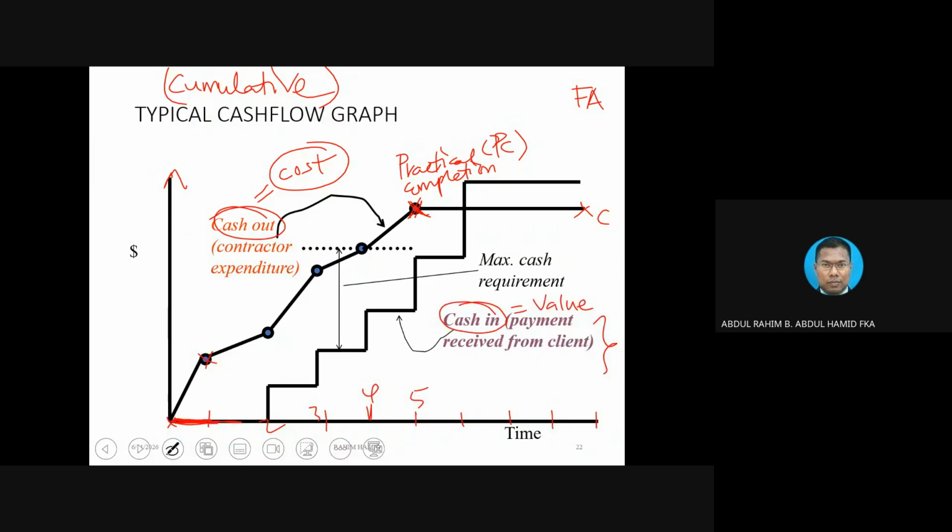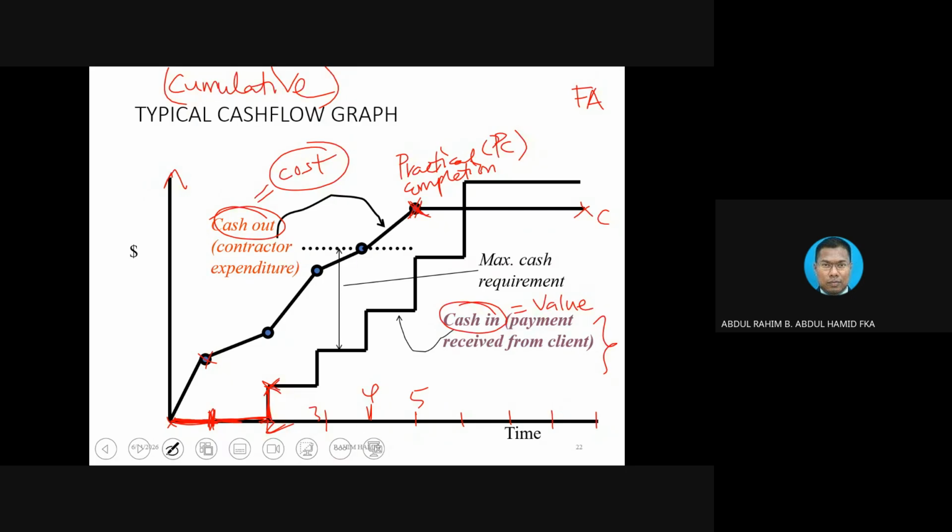The first month, zero money coming in. And only, let's say, after you complete the first month, then you submit a claim, then you notice that at the end of the second month, there is a payment being made at this point. And that's why we draw this line like this. And what happened between the end of the second month and the end of the third month?